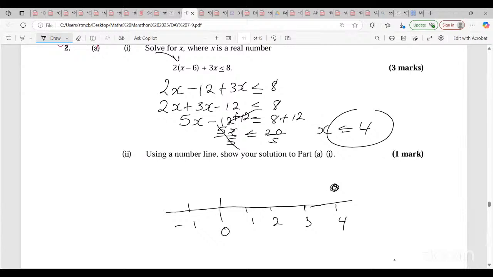This would be blocked out because of the equal sign. I also need to know which direction. What are the numbers that are less than 4? We go this direction, right? So 3, 2, 1, to infinity. So that will give them the answer. It continues until infinity.